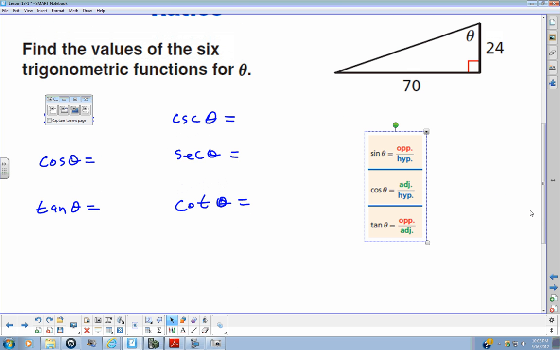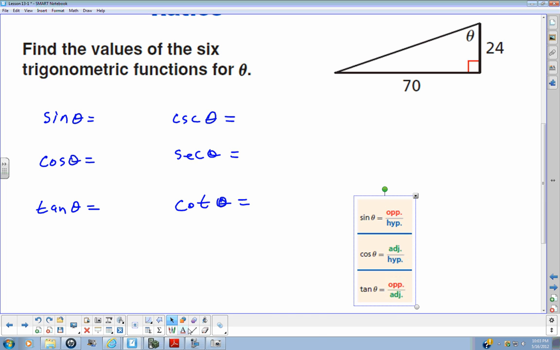All right, so there we have sine, cosine, and tangent. Now the first thing we'll notice is that there is no hypotenuse for this right triangle, so the first thing we've got to do is find that hypotenuse.